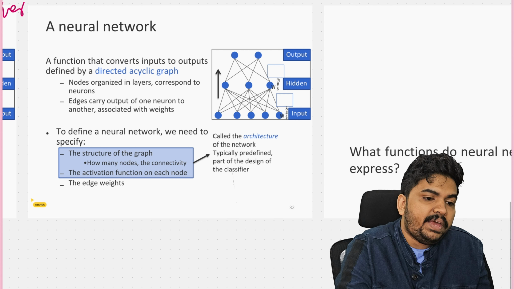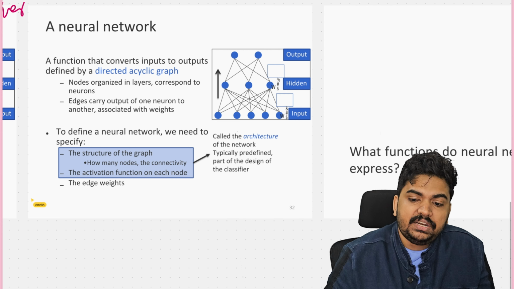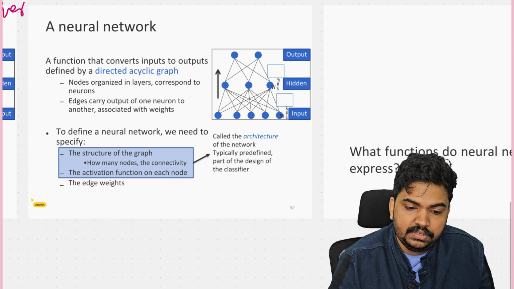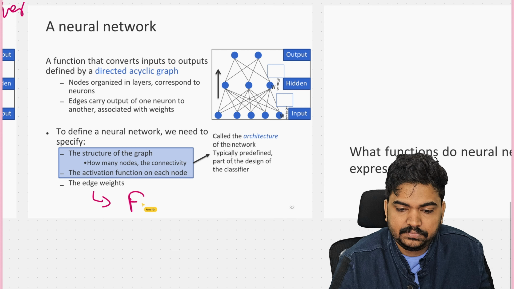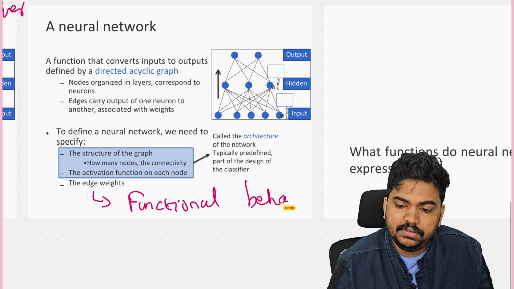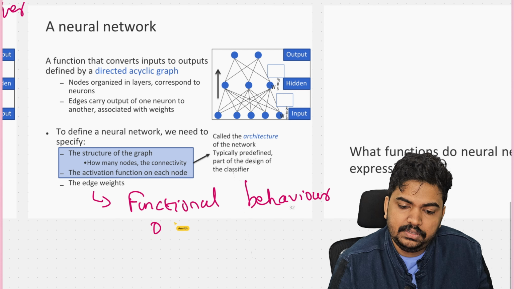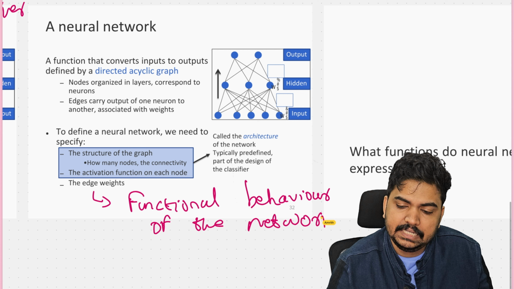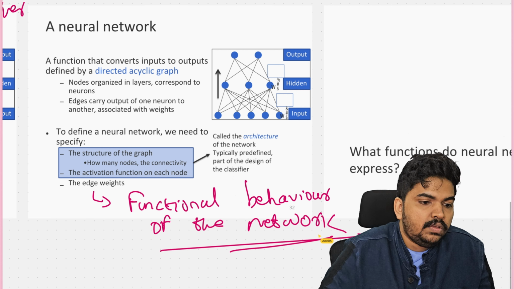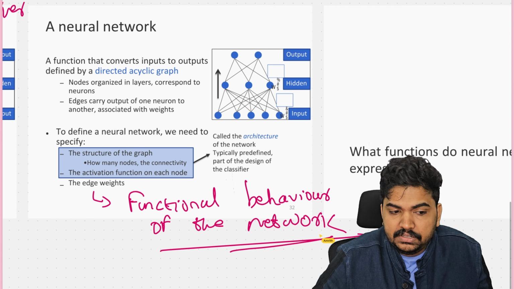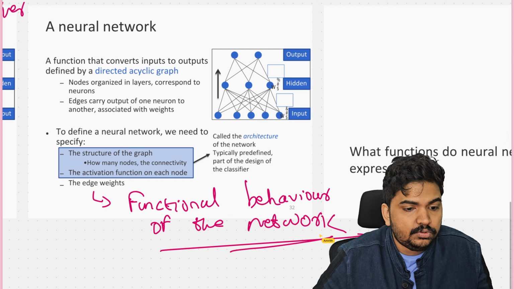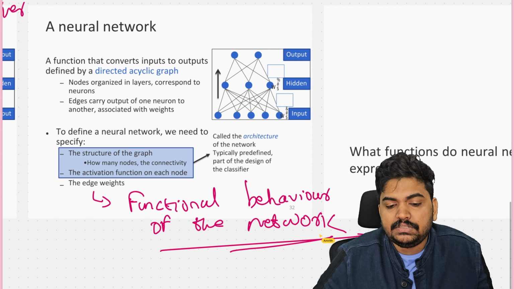These parameters define the functional behavior of the network, which is learned from the data. The only job of learning is typically to learn the weights, where the structure and activation functions are predefined.